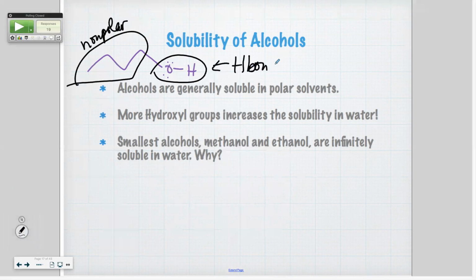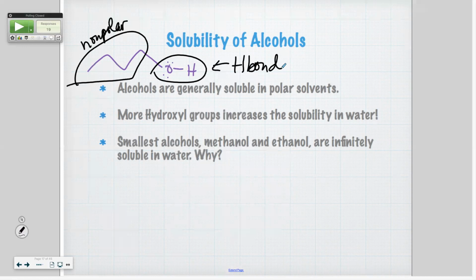Do we remember what that is? You can hydrogen bond with water. It's where the O is attracted to the H. What kind of H's? Ones that are also attached to oxygens or nitrogens, remember? Not just any H's. The more hydroxyl groups, the more you've increased your solubility in water.